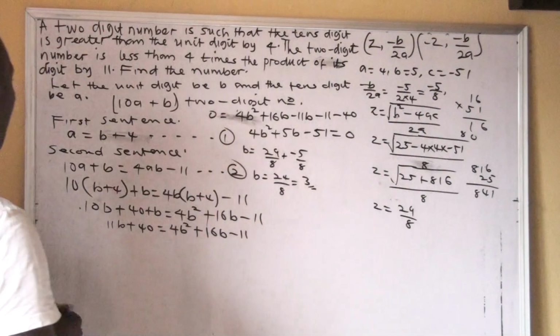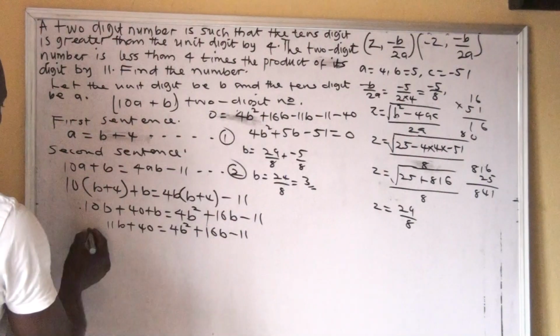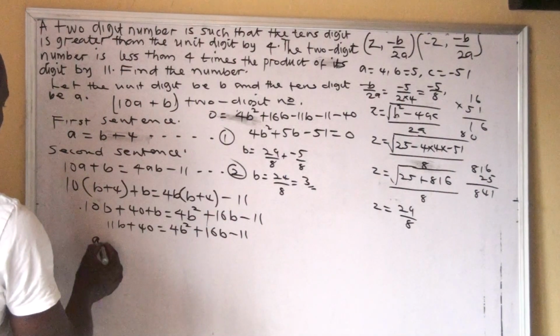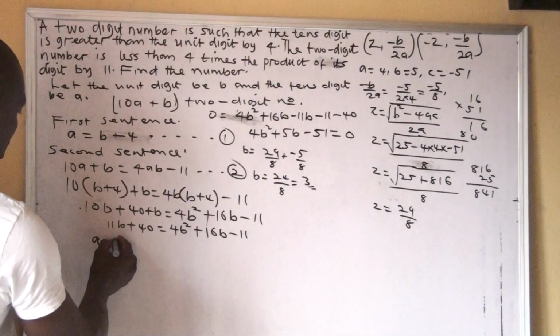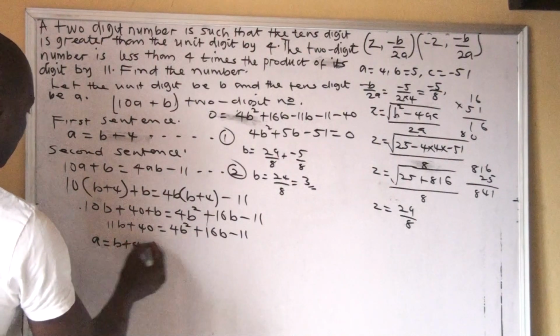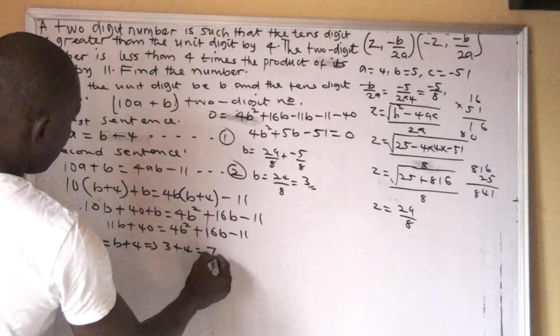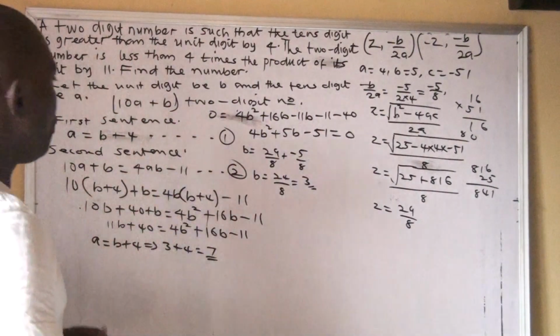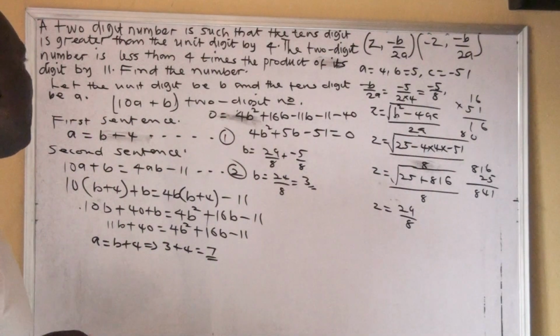Then let's find the value of a. From our equation 1, we said that a is equal to b plus 4. Since we know that our b is 3, 3 plus 4 will give us 7. Okay, we know the value of a and b, and the question they asked us is to find the number.